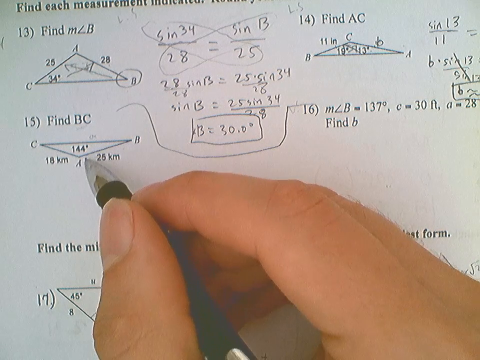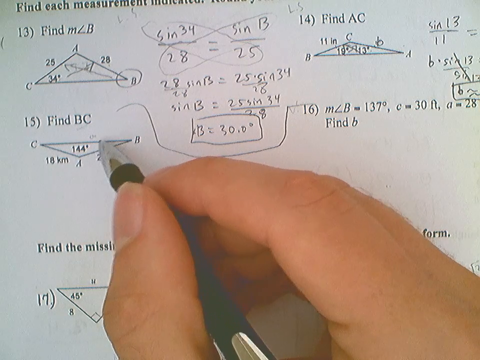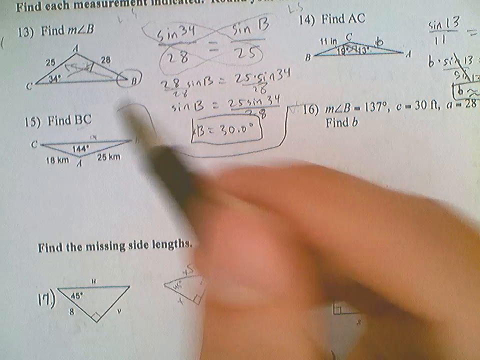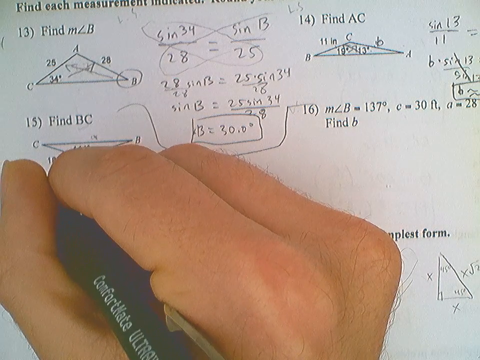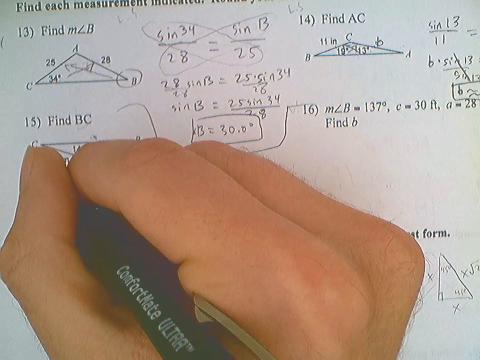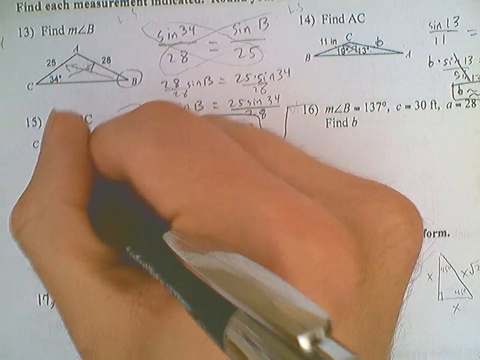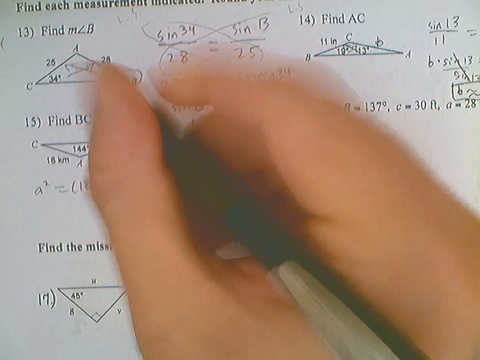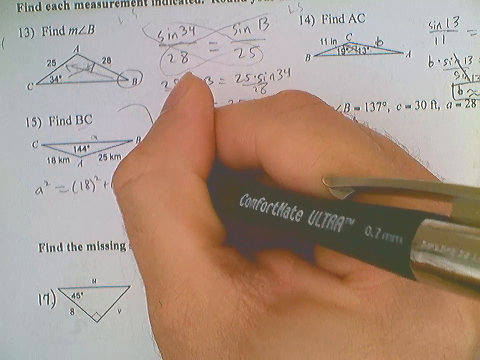So we're given this 144 degree angle, and we want to know the side opposite that angle, A. So if I'm looking for A, and I'm using the law of cosines, I'm going to start this off with A squared. So A squared equals, then we've got 18 squared plus 25 squared.